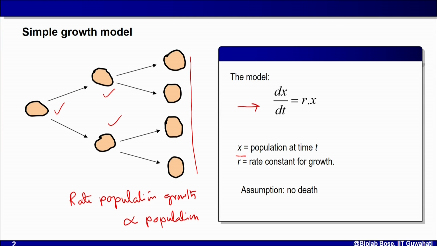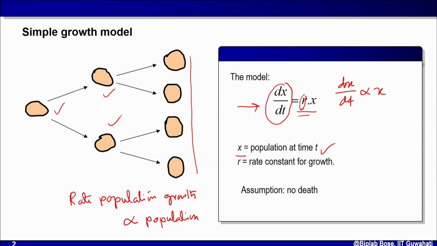Here x represents the population of bacteria at time t, that is right now, and r represents a rate constant of growth. So dx/dt, the time derivative of x, that is the rate of change in population size, is equal to r times x. Essentially, dx/dt is proportional to x, and we have used r as the proportionality constant.